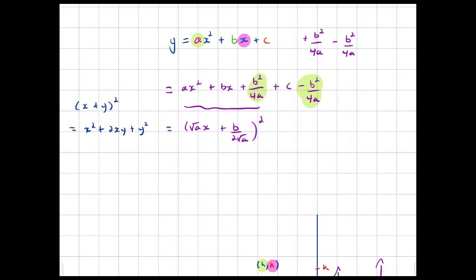So if I know that this is a perfect square, then when I collapse it, going in the opposite direction, I know that the first thing here, the x, has to be the square root of the square term there. And what is the square root of ax squared? It's square root of a times x.